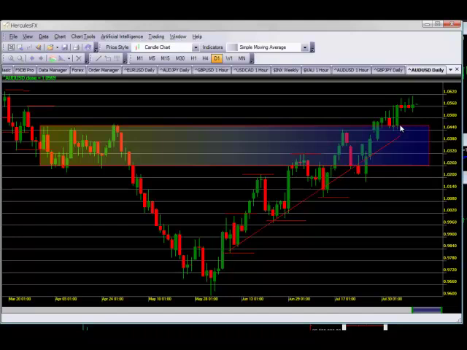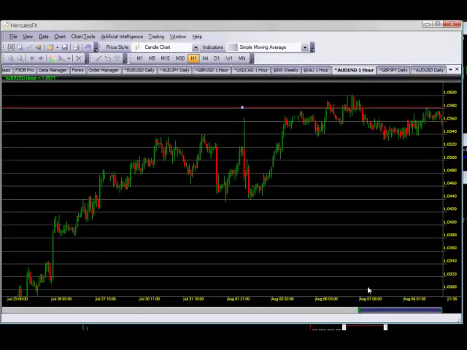This is a balance between the buyers and the sellers. So you get a very small real body, the distance between the open and close, that shrinks, but then you get longer wicks. This is what we want to see when the market is coming up into resistance if we are looking to take a short position.